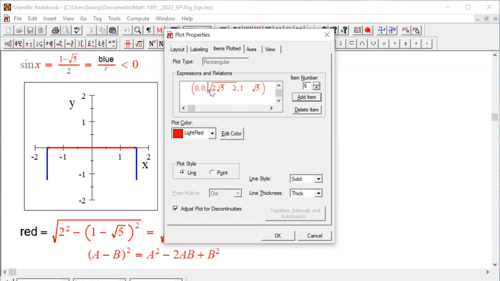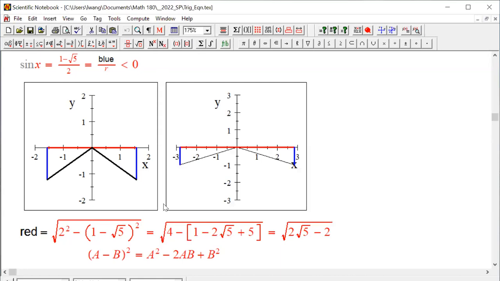Okay. So that's 1. I'm gonna use a different color. And the next one. There, the 2 triangles are drawn, right?